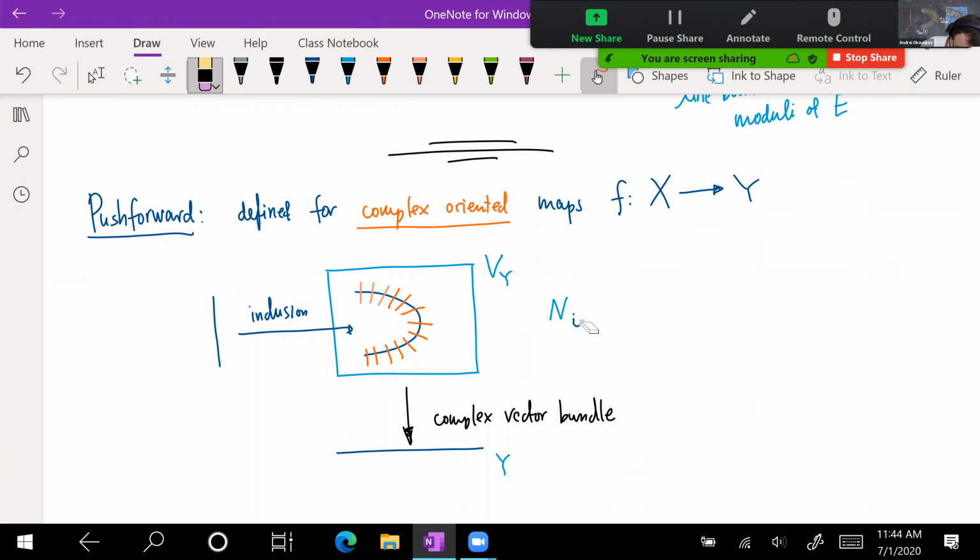So maybe I'll write the normal bundle inside V over Y to the inclusion of X. This is also complex. And then I have a situation where I drew it here behind me.